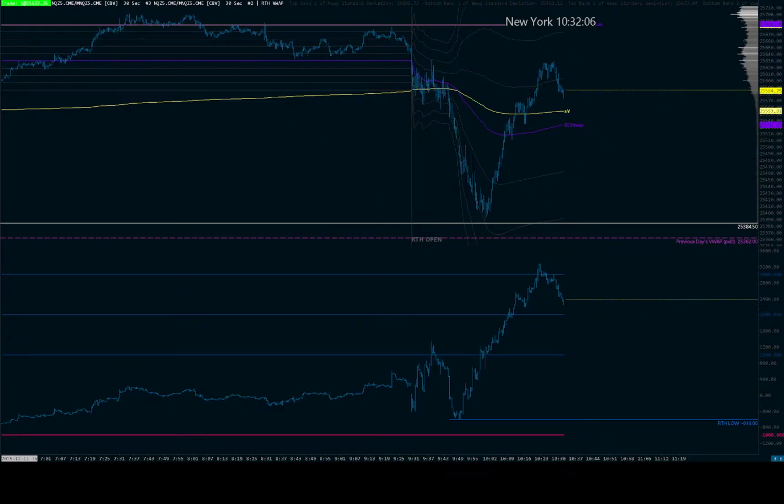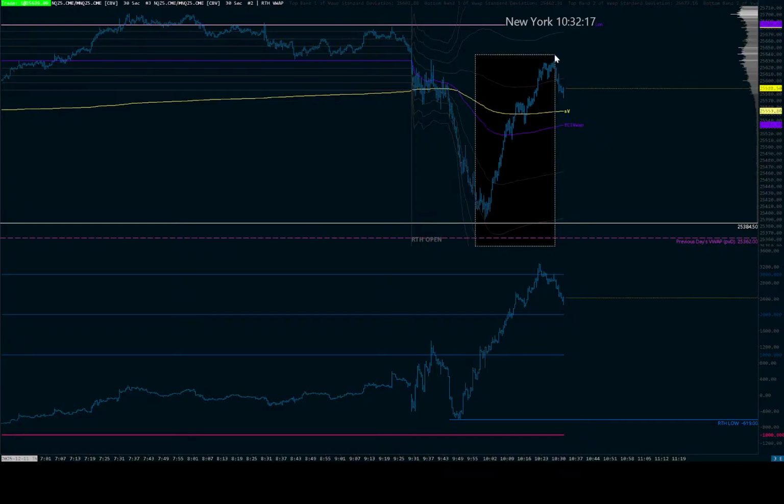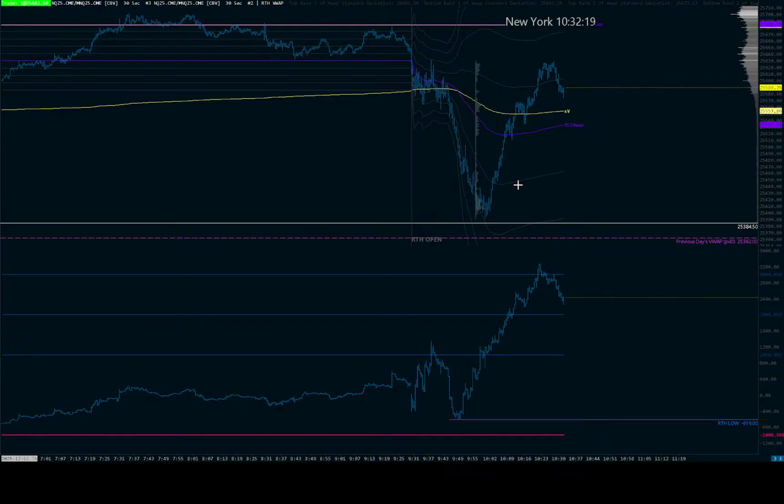Let's see, I know some of you guys are using the fixed range volume profile, which again, I think is an excellent tool for helping you join the trend. That thing is not displaying very well. Let me fix that.